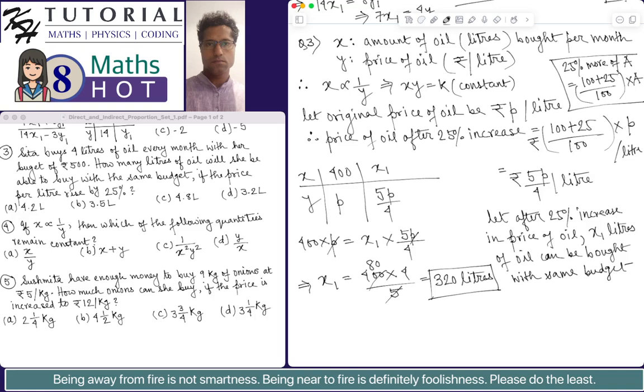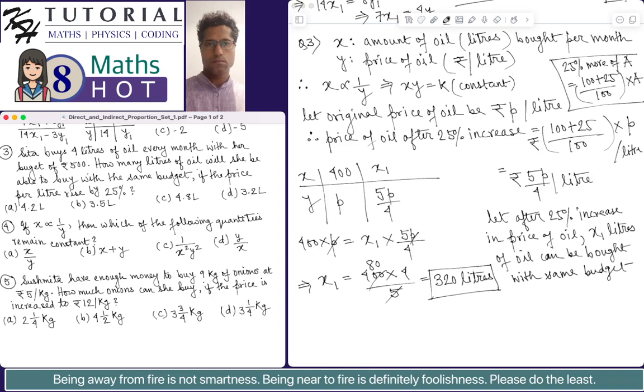So why are the choices 3.2, 4.8 liters? Why? Sita buys 4 liters of oil every month with a budget of 500.